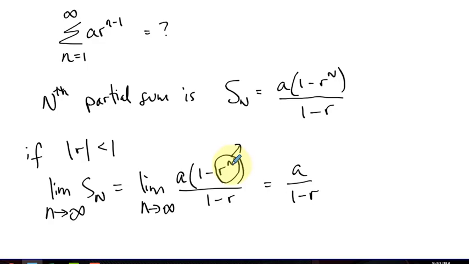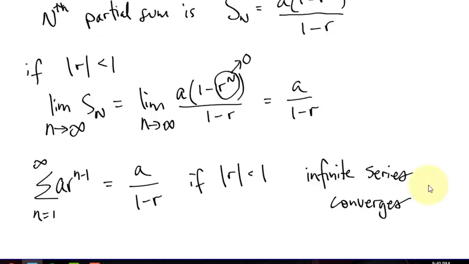As n increases to infinity, this term goes to 0, and what you're left with is just an a on top and 1 minus r that don't change as n goes to infinity. So this is the sum of the infinite series only in the case that the absolute value of r is less than 1. In that case, the infinite series converges, and it converges to this value a over 1 minus r.